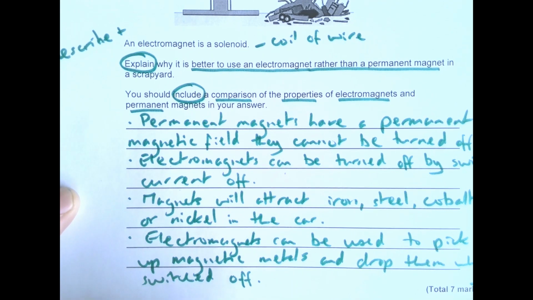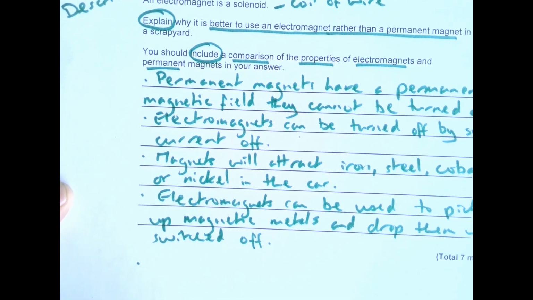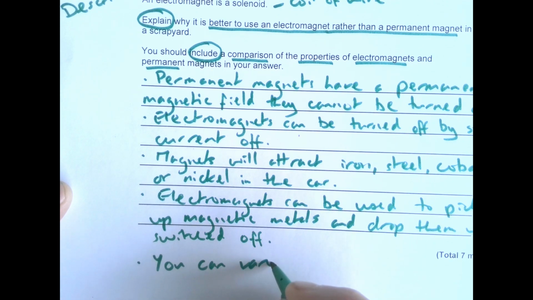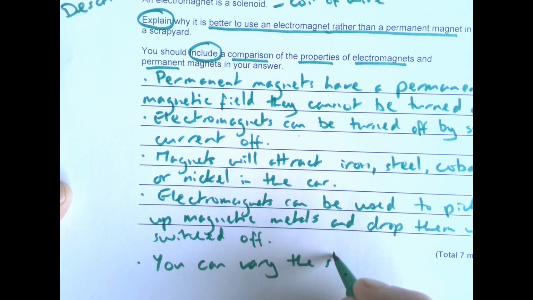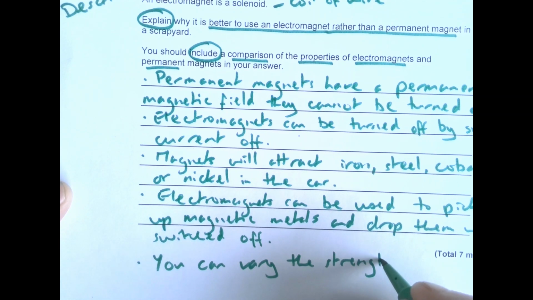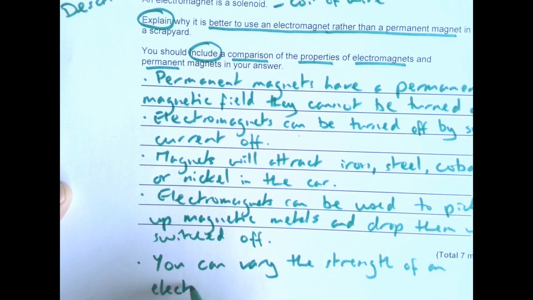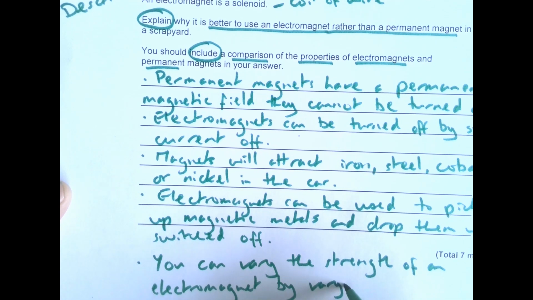What else could we say? I'm just thinking about extra marks here, or extra things you might say. You can also vary the strength of an electromagnet by varying the current.